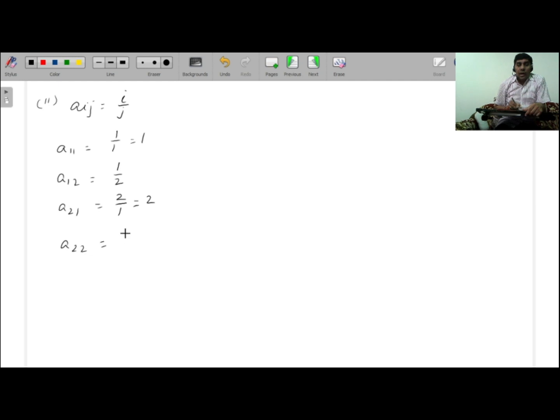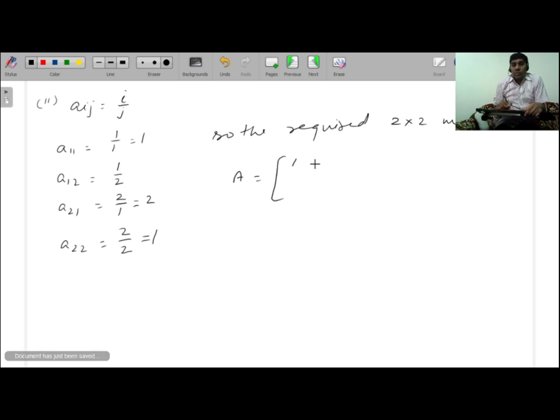A22, i is 2, j is also 2, so 2 by 2 is equal to 1. So the required 2 by 2 matrix is A equal to [1, 1 by 2, 2 and 1].